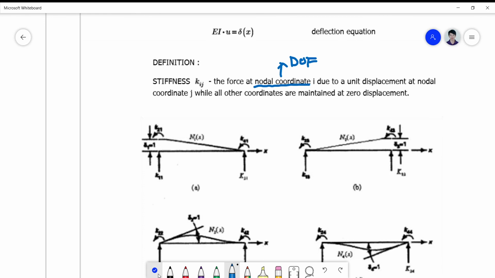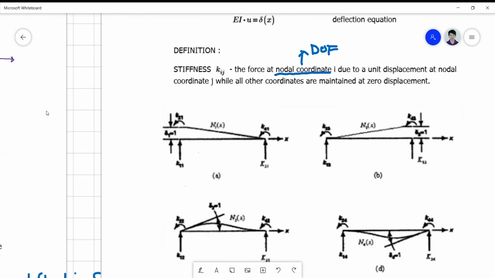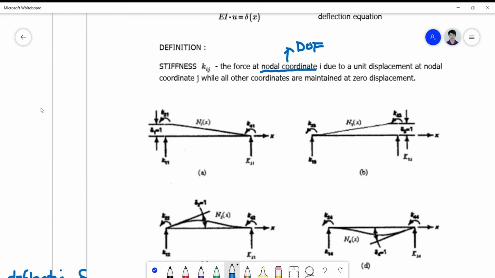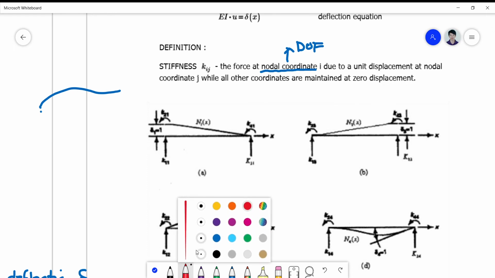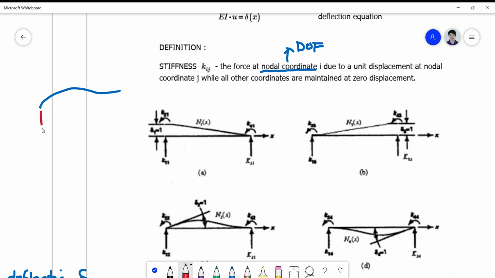So if you have a beam here, which is a flexible beam, always take note that your first coordinate is vertical and your second coordinate is rotational. Okay, so this is also vertical and then rotational. So that's the third and the fourth.